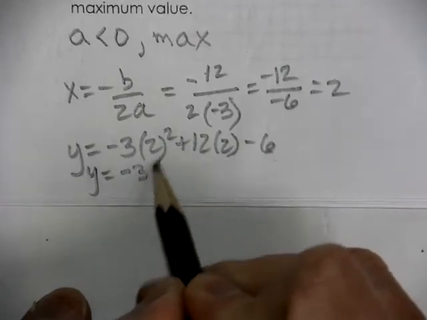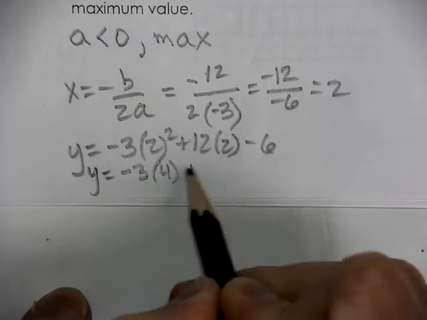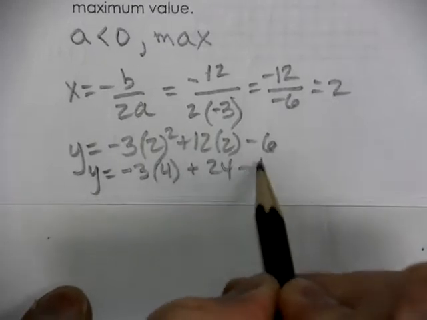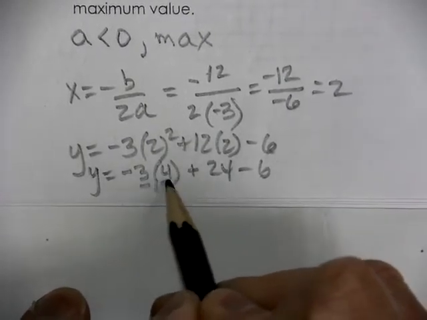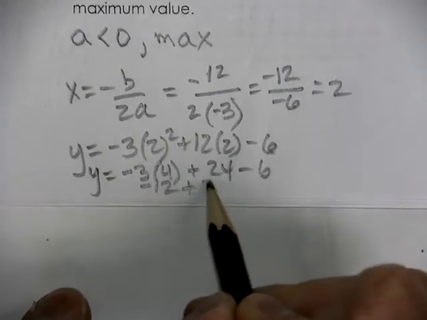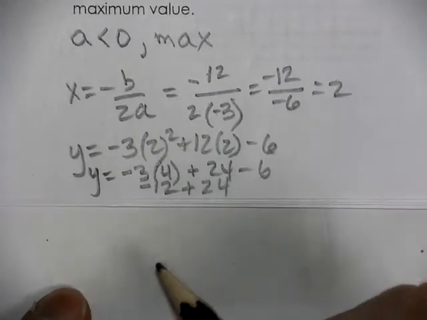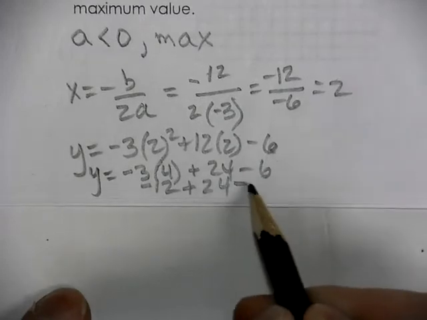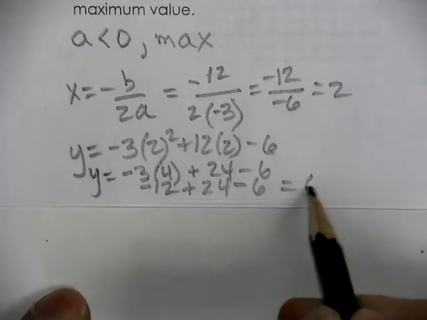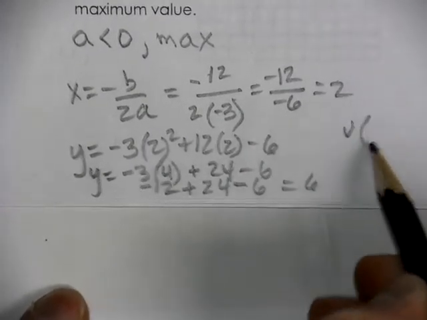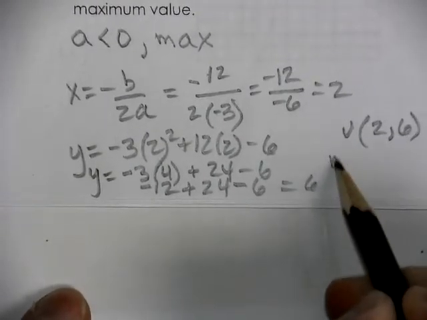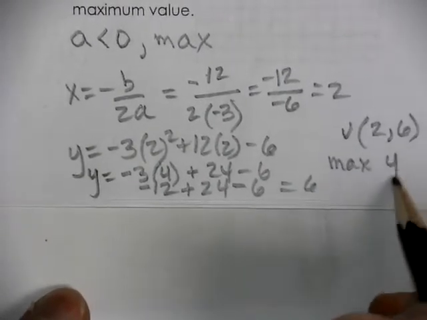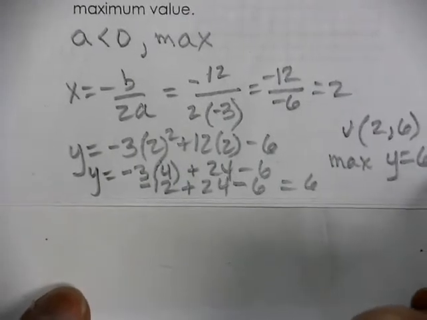So negative 3 times 4 plus 24 minus 6. This is going to be negative 12 plus 24. That gives me 12. Minus 6 more gives me 6. So my vertex is 2, 6. And my maximum value is y equals 6.